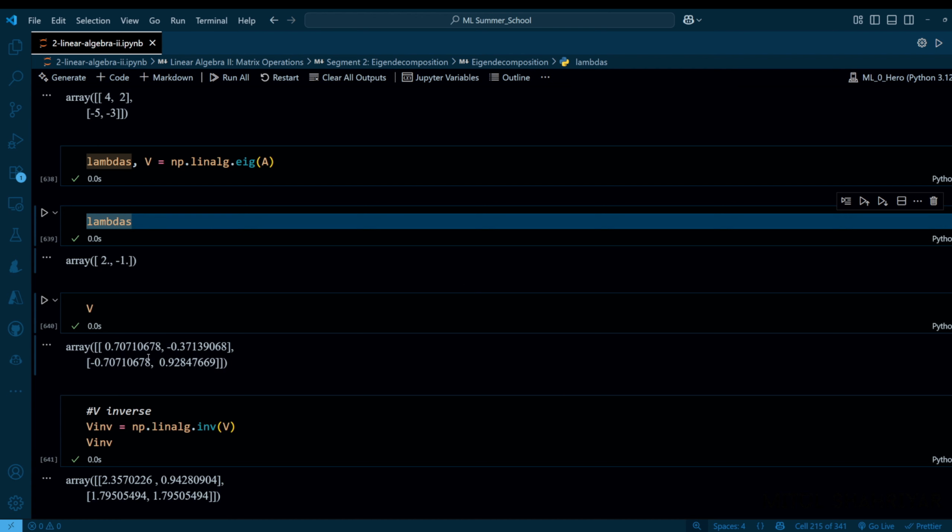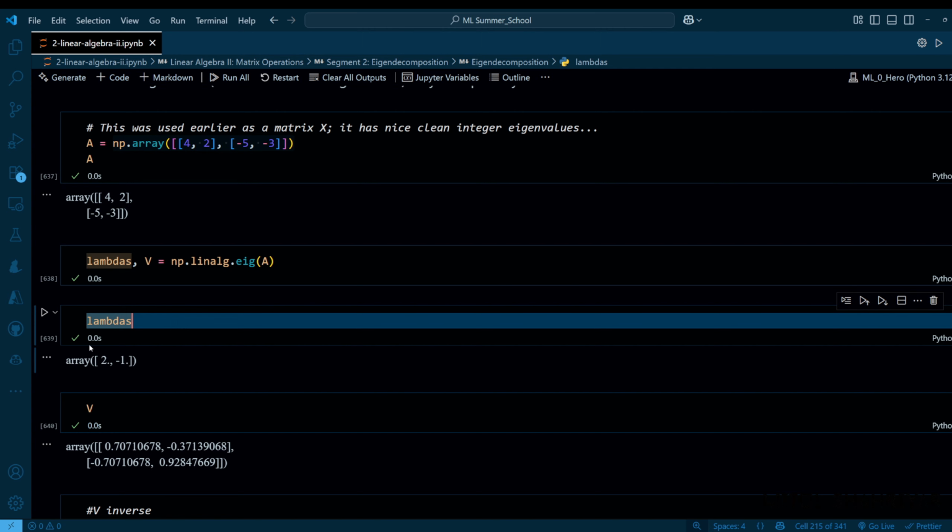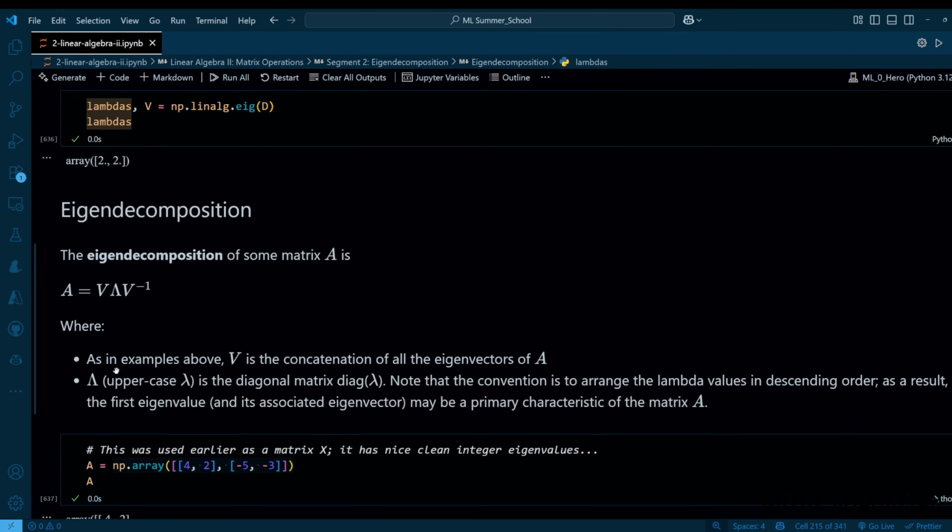Then this is our eigenvector, and using this we can get our eigenvalues and eigenvector, no issues. But there is an equation which says, if we multiply v, which is our eigenvector, with uppercase lambda, which looks like a but is not a, and then multiply this with v inverse, then all of these three multiplied together give us a.